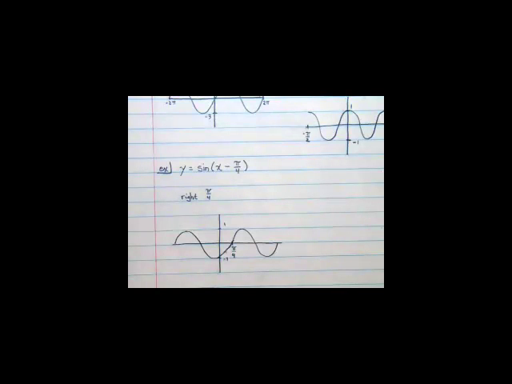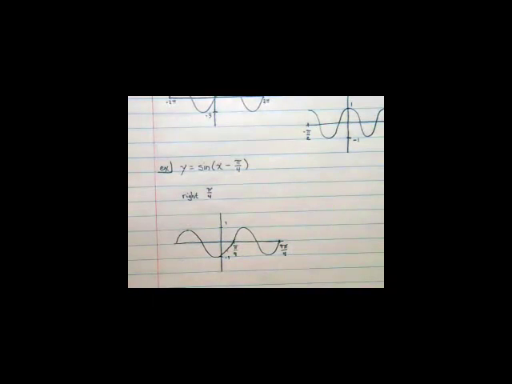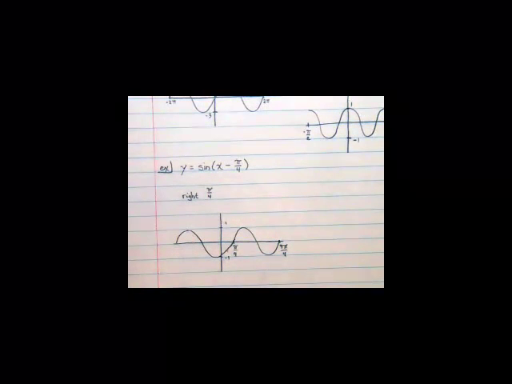9 pi over 4. Think fractions, right? If it's 2 pi, that's 8 pi over 4, right? 8 pi over 4 plus another pi over 4 is 9 pi over 4. You've got to get the common denominators to do it. But this would be at 9 pi over 4. Okay? So the other one's -9 pi over 4?